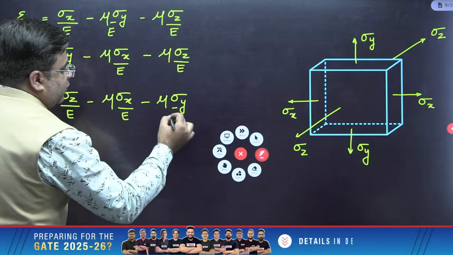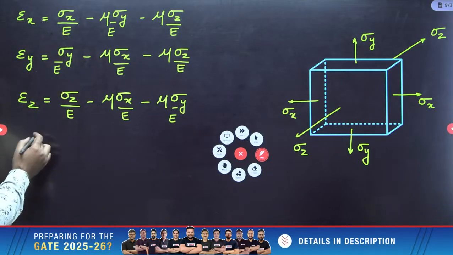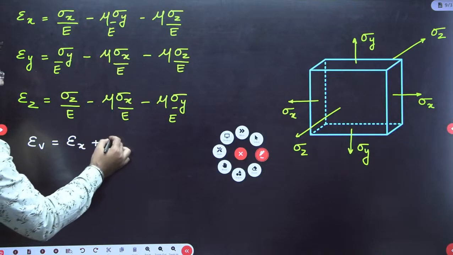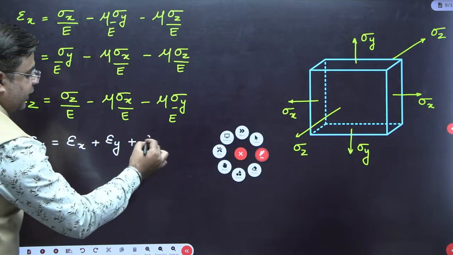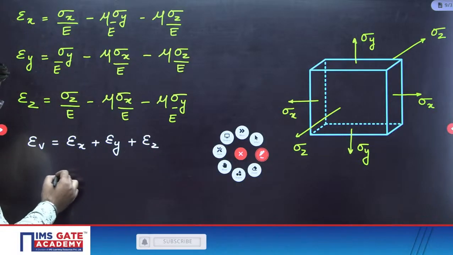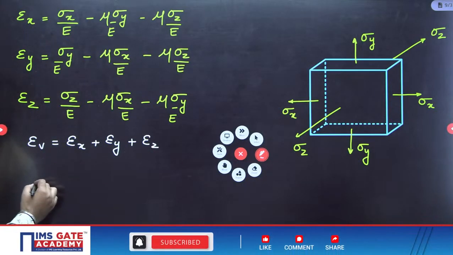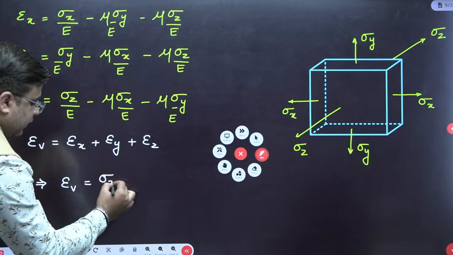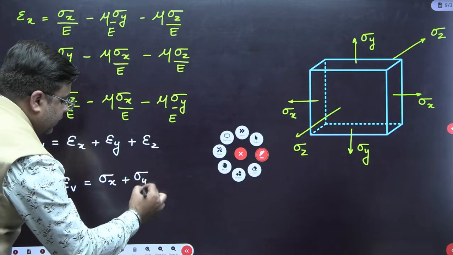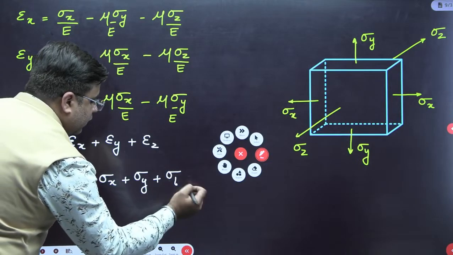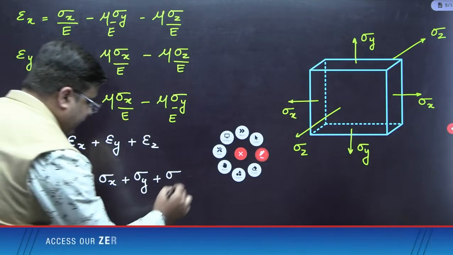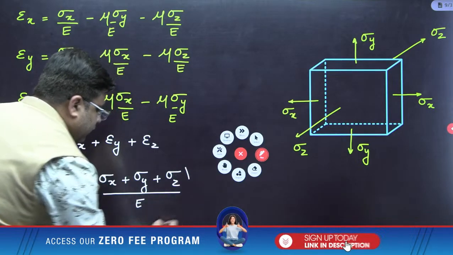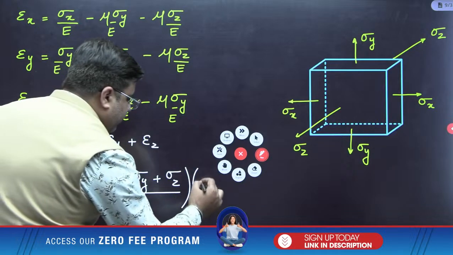If you have to calculate the volumetric strain, it is simply the sum of strain in x direction plus strain in y direction plus strain in z direction. So the value of volumetric strain epsilon V is equal to (sigma x plus sigma y plus sigma z) divided by E, into 1 minus 2 mu.